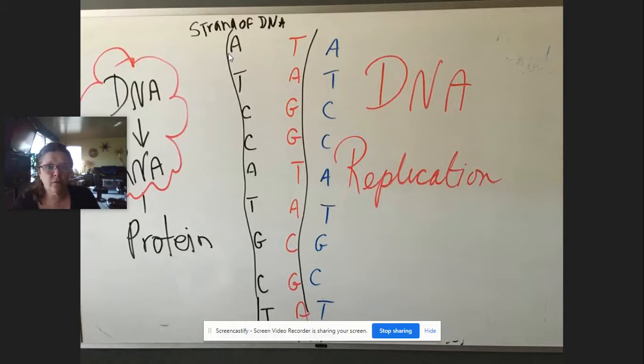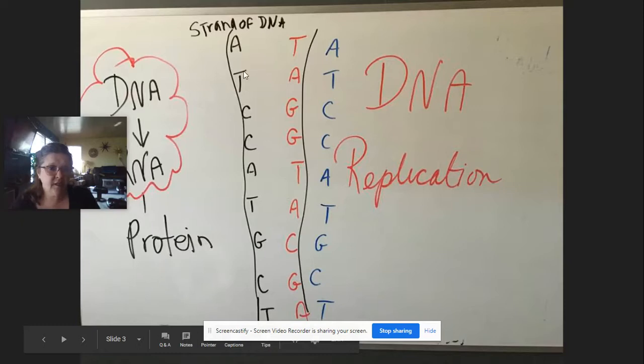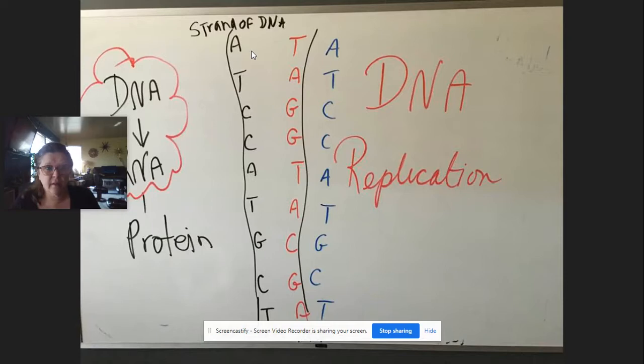Okay, so this is the same strand that I was talking about yesterday. It's 9 base pairs long, and just keep in mind that a strand of DNA could be thousands and thousands of base pairs, but I just picked a little tiny bit of a strand of DNA and just randomly made it up.